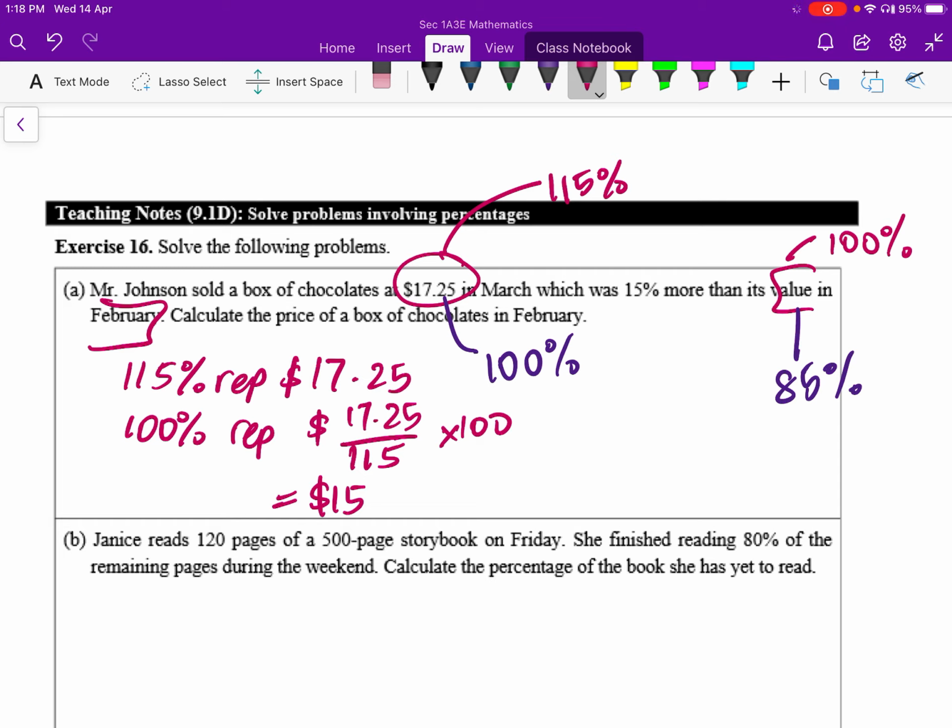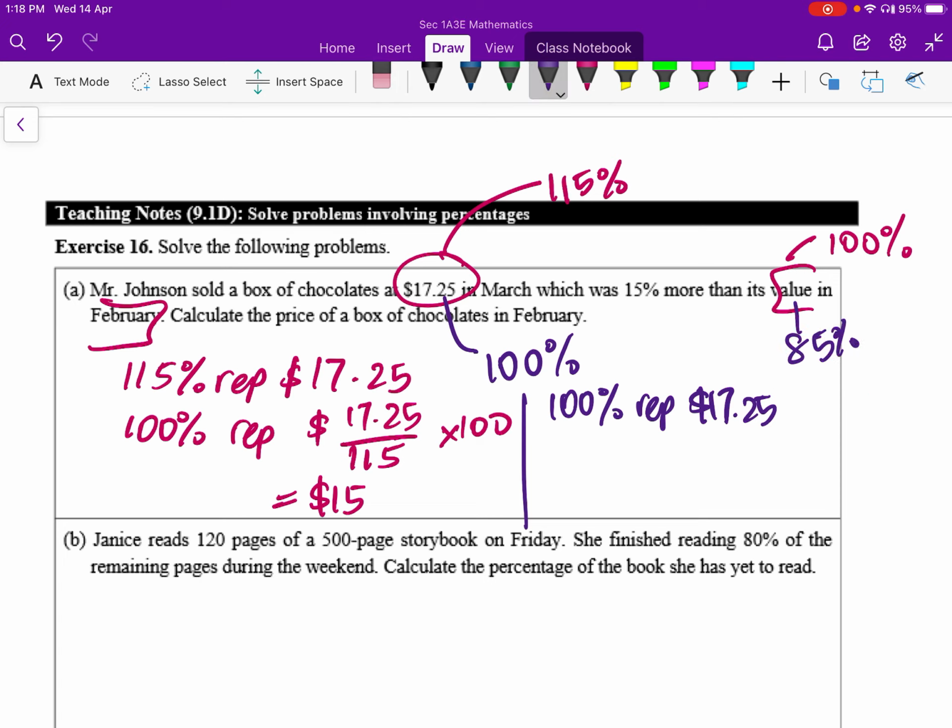If you were to choose 17.25 to represent 115%. Now I'm going to try the other version, where we say 100% now represents our $17.25, whereas the value in February now is our 85%.